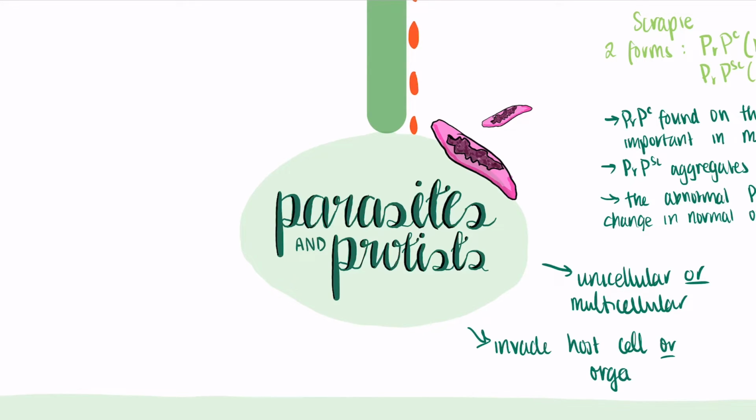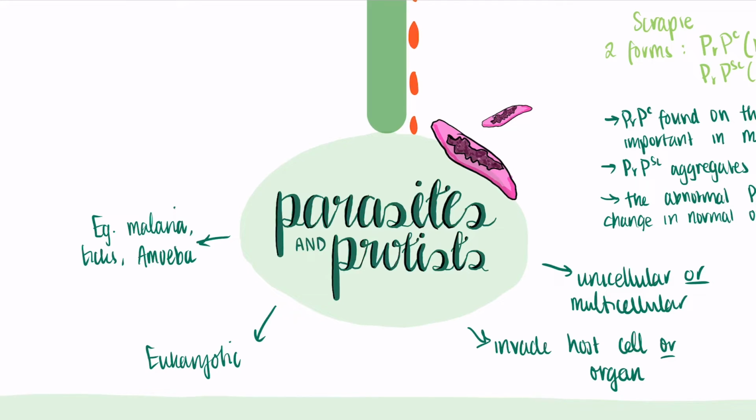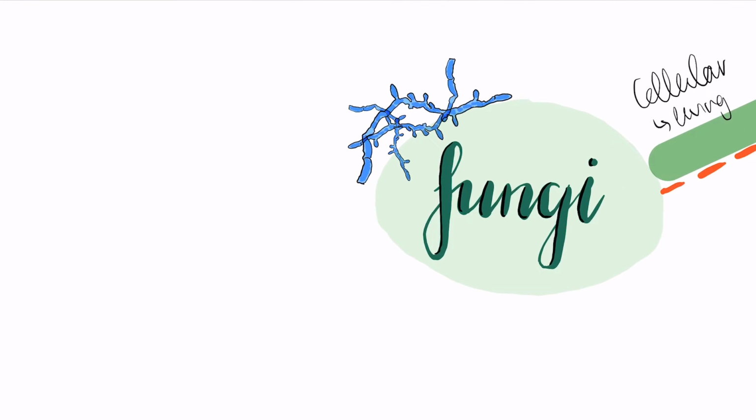They can invade host cells or organs, tissues, more widespread. And we've got a few examples, but they're all going to be eukaryotic. Examples include malaria, ticks, and amoeba. Really, as I said, it's a very large grouping, and so we can't make too many general statements about it. And so if they ever do ask about this, it's about pulling the information out of the question.